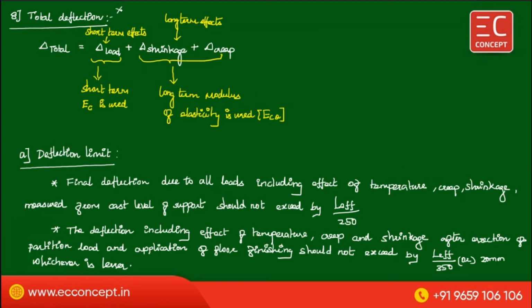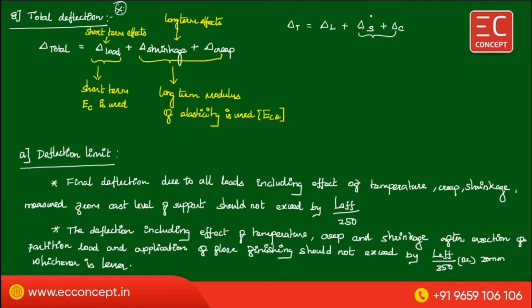This is a very important examination question. Total deflection is the summation of deflection due to load, deflection due to shrinkage, and deflection due to creep. So delta T is the deflection due to load plus deflection due to shrinkage plus deflection due to creep.